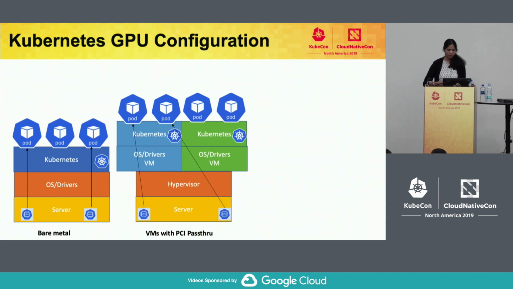So if you want to avoid that, and if you have multiple users with whom you want to share, using virtualization is a very easy mechanism. If you combine virtualization with PCI pass-through, you get near native bare metal performance. So there's absolutely no difference in the performance that you see with bare metal or PCI pass-through if you're using GPUs.